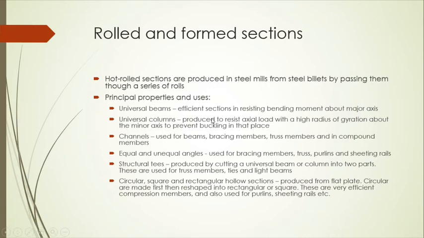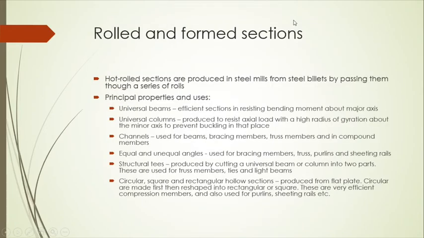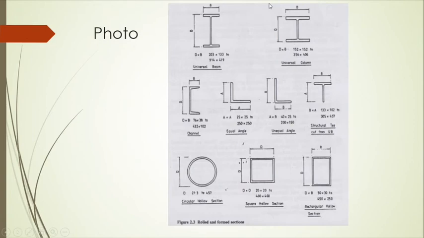So a universal column is best to resist buckling because of its radius of gyration about the minor axis. Sometimes they call it H column, but the more universal names are universal beams and universal columns, or sometimes I beam and H column.